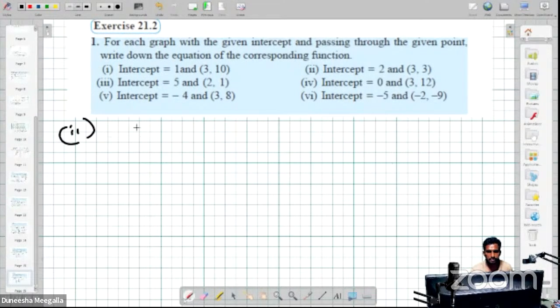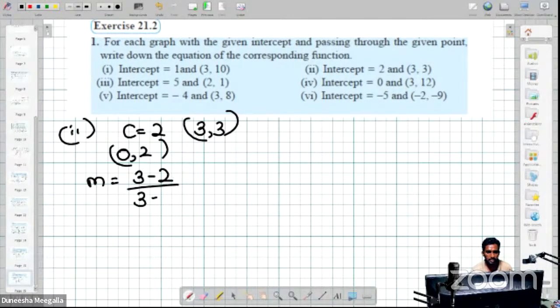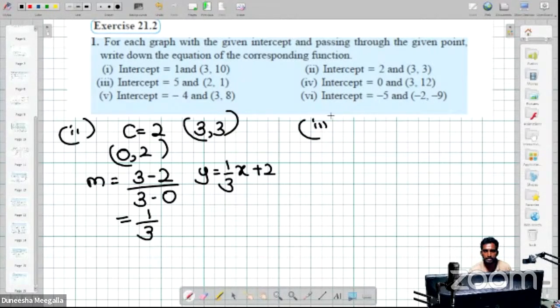I will do them quickly. The intercept point c is 2, and the points are (3, 2) and (0, 2). The gradient m is 3 minus 2 over 3 minus 0, which is 1/3, so y equals 1/3 x plus 2. Third one: c is 5 and the points are (2, 1) and (0, 5).